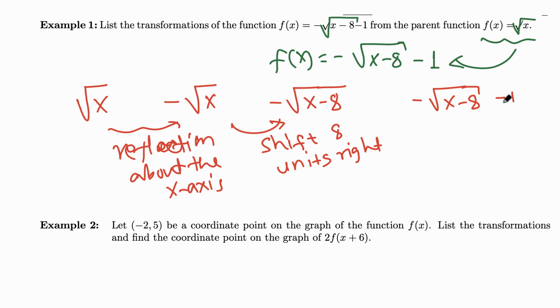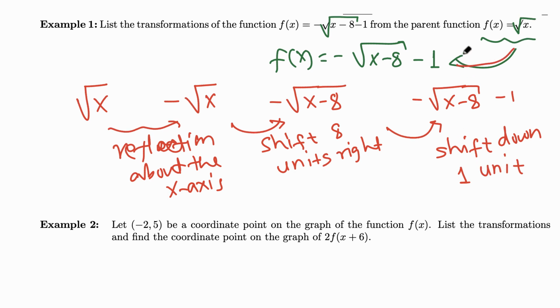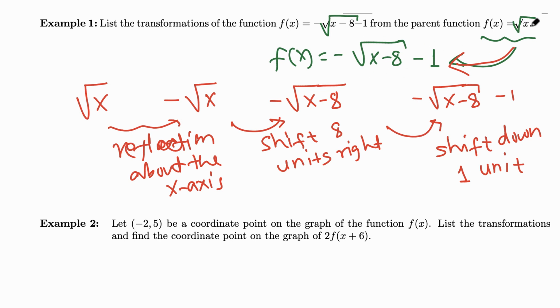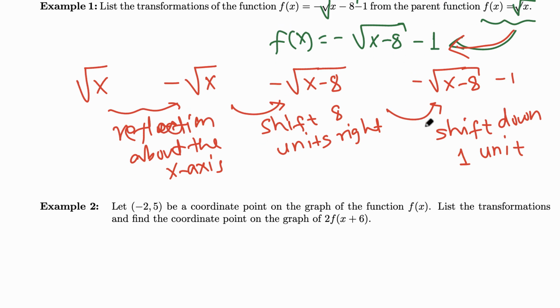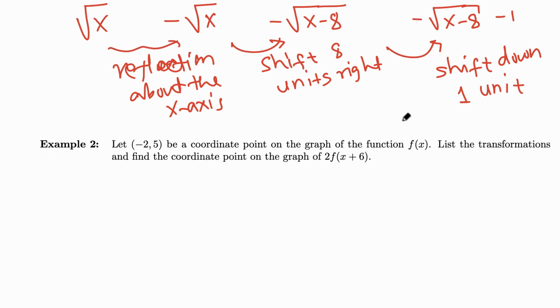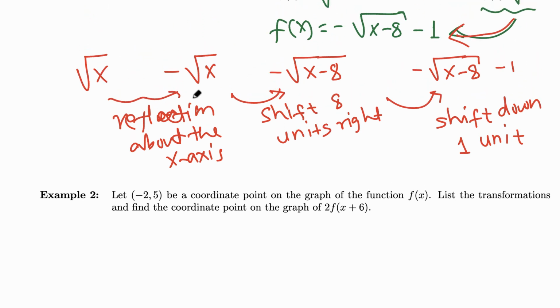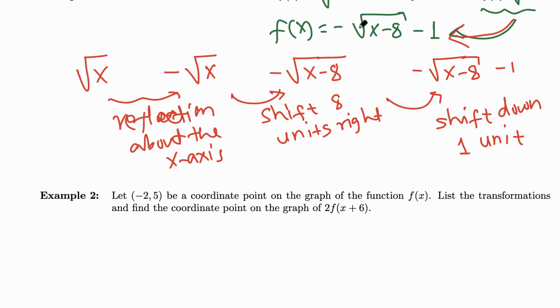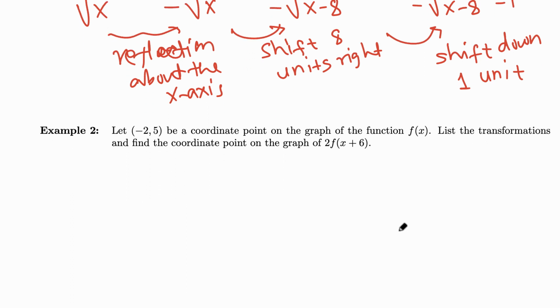That means the whole graph is shifted 1 unit downward. So to produce this graph from this graph, we've done 3 transformations: negative outside, reflection about the x-axis; minus 8 inside, shift 8 units right; then minus 1, shift downward 1 unit. Generally we read from left to right, so negative outside and keep going, working on the inside.